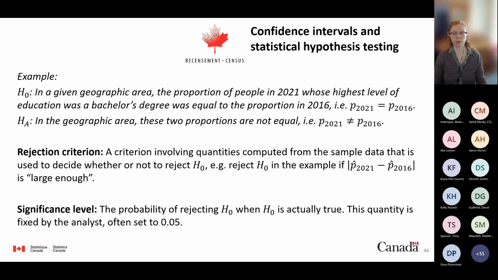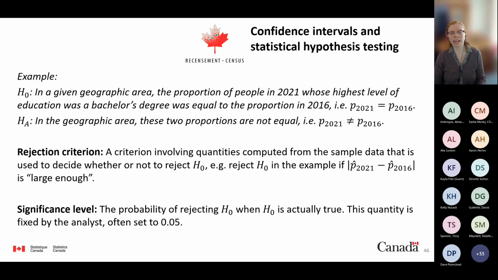And this is the probability of rejecting H0 when H0 is actually true. So ideally, we want to reject H0 only when H0 is false and not reject H0 when it's true.